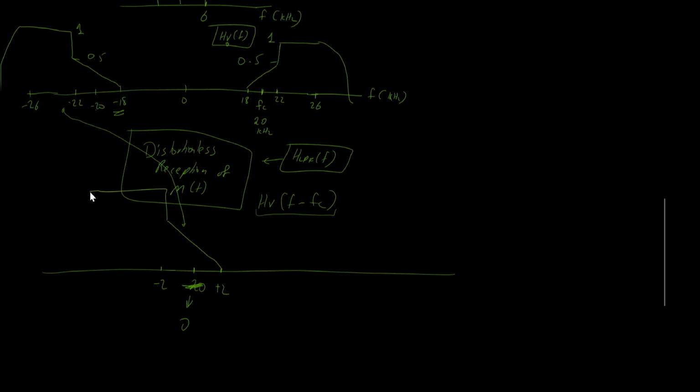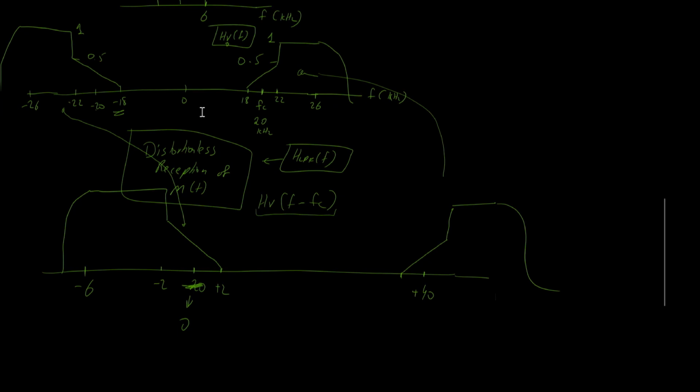So this is the one that we get. So this is minus 6. And this would move towards 2fc. This means that we have now something at plus and minus 40.